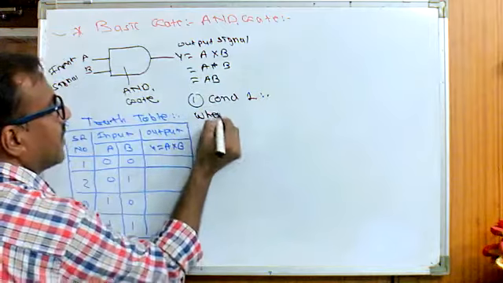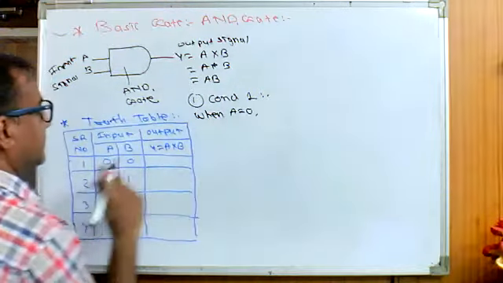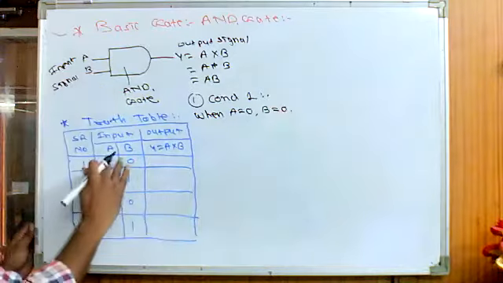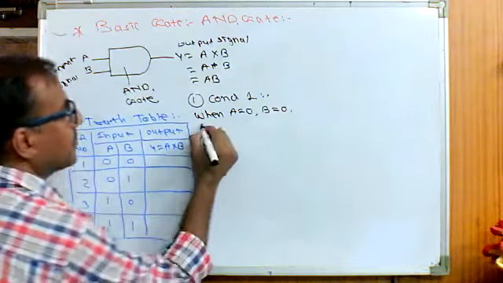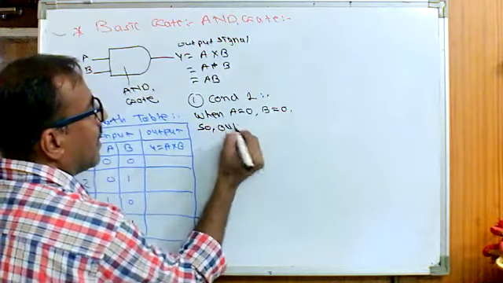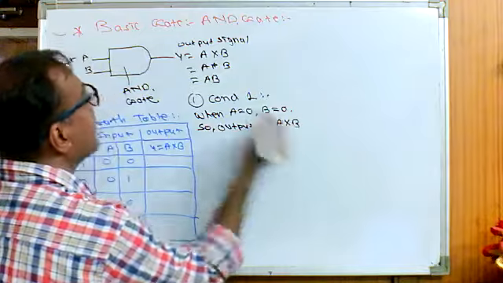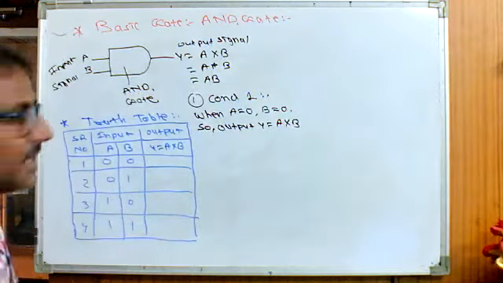When A is equal to 0 and B is equal to 0, both inputs are 0. The output Y is equal to A multiply B. The AND gate is the multiplication gate.